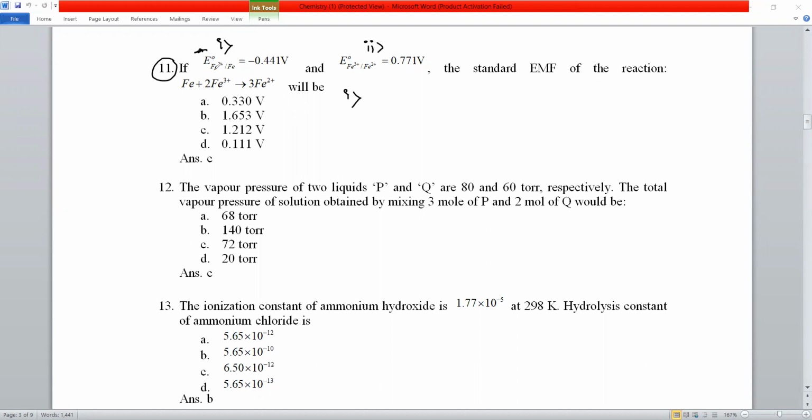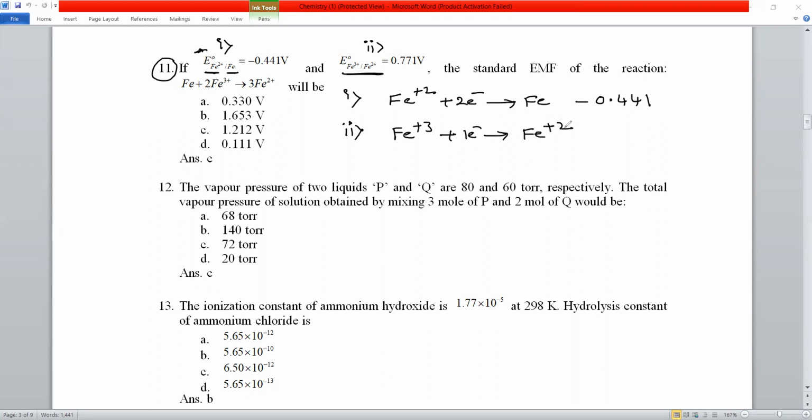In equation 1, Fe plus 2 gains 2 electrons and is converted into Fe, with value minus 0.441 volt. In equation 2, Fe plus 3 gains 1 electron and is converted to Fe plus 2, with value plus 0.771 volt. From this data we have to relate the final equation.